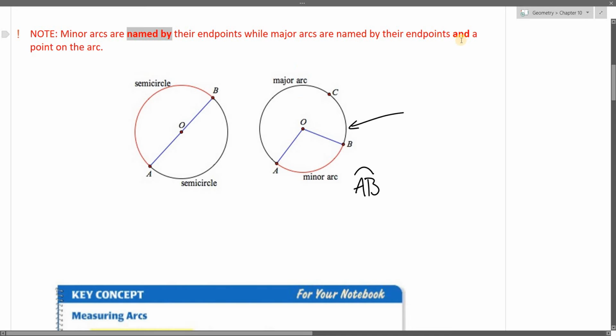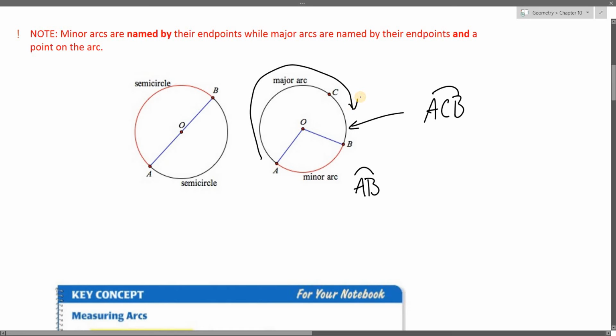And then it says the major arcs are named by their endpoints and a point on the arc. At the very top, I couldn't just call the major arc AB because then I would confuse it with the other one. Rather, we would call this ACB. And again, that's systematic as you go across this clockwise.